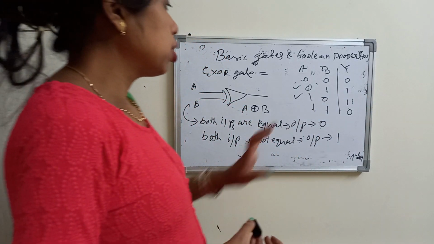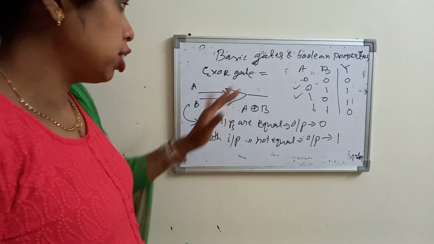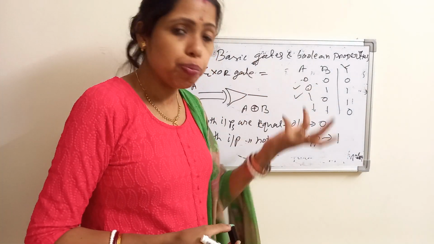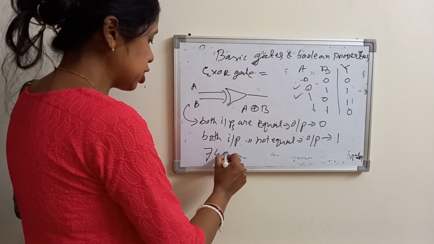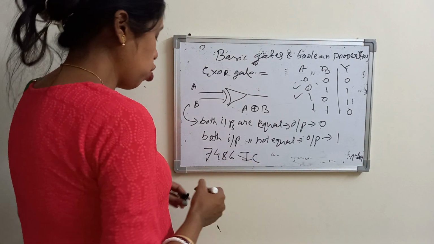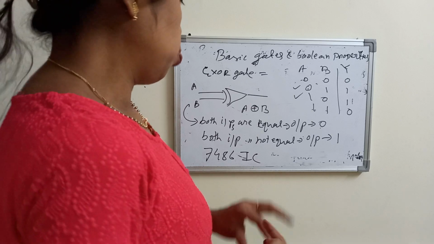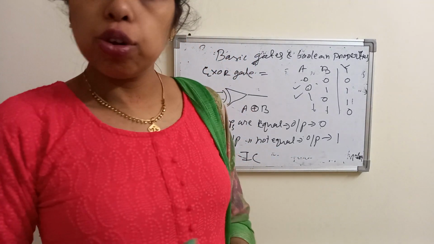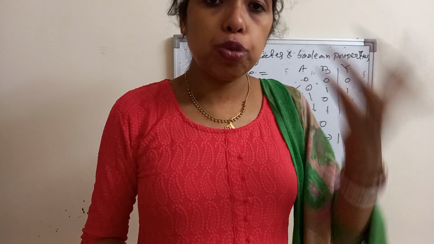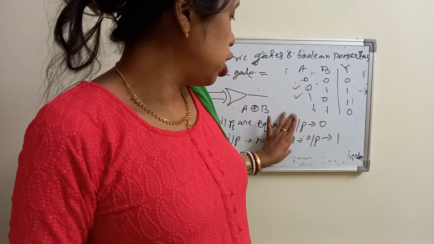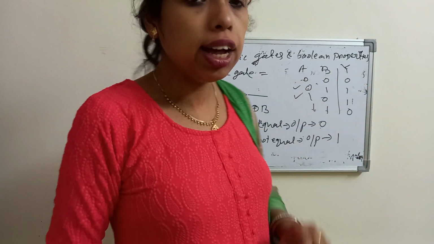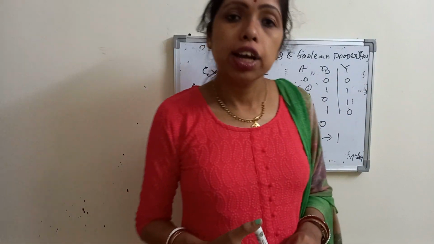So this is the truth table for XOR. This gate is also used for some particular applications. 7486 is the IC number for the XOR gate. By this definition, we can write the truth table for the XOR gate.